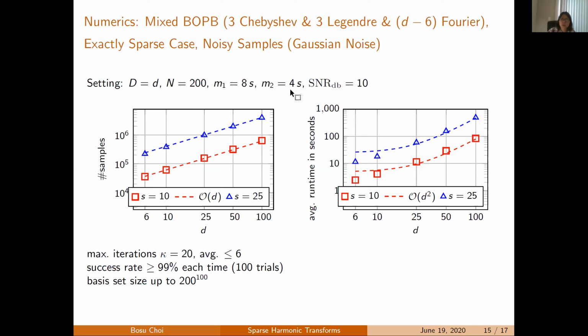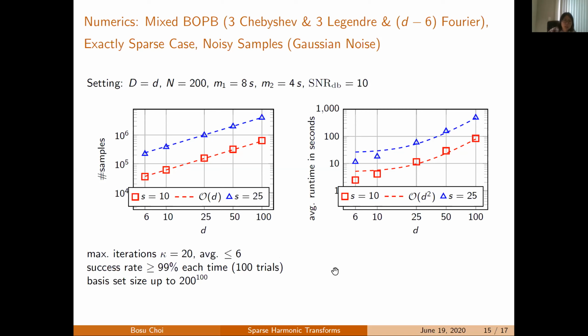M2 is chosen to be 4s, and this is the noise level. Then if you look at the left figure, the sample number scales linearly in D, and the runtime scales quadratically in D. For each choice of D, the success rate is greater than 99%.